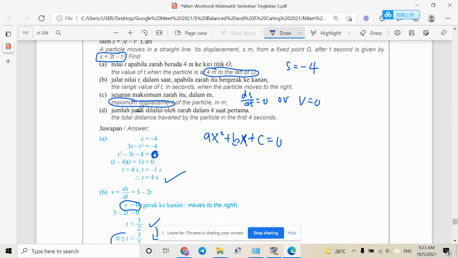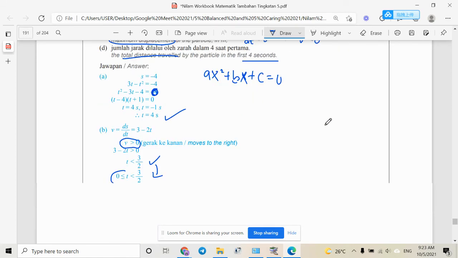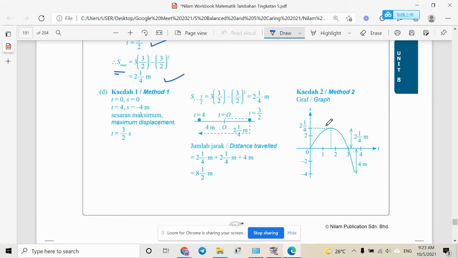Question D, total distance traveled by the particle in the first 4 seconds. When you find total distance in these cases, we actually have two methods. So method 1 is using number line. Method 2 using graph. So it's up to you which method you like.